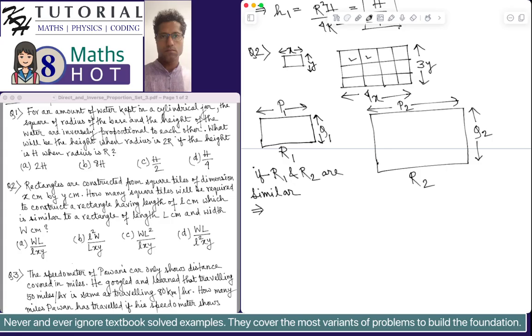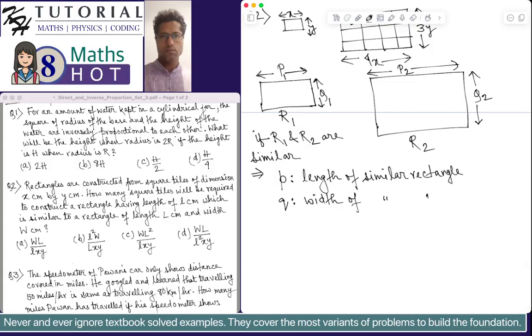Now let's say P is the quantity length of similar rectangles, and small q represents the width of similar rectangles.